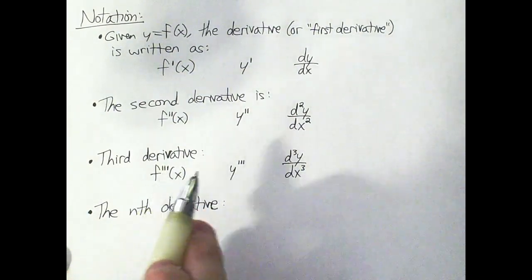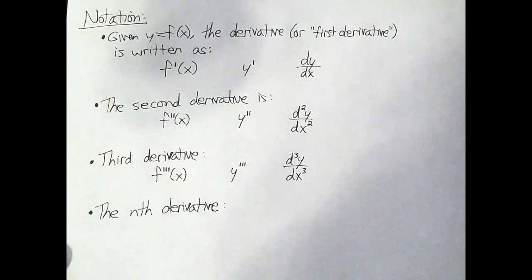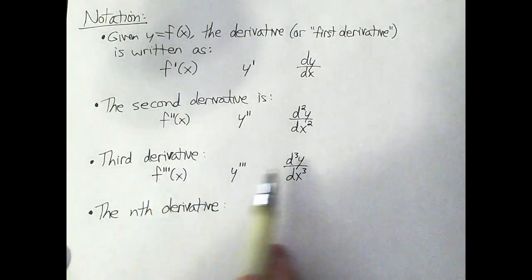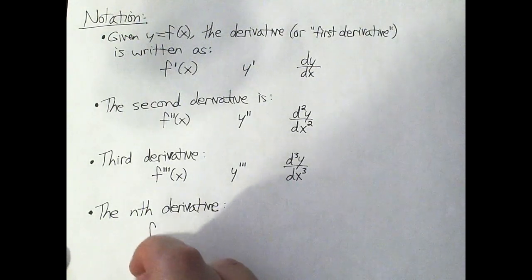Instead of writing the prime symbol over and over and over, what if we wanted to take the derivative 30 times or 100 times? We're not going to just let that go all the way across the page. So we have a different notation that we sometimes use.